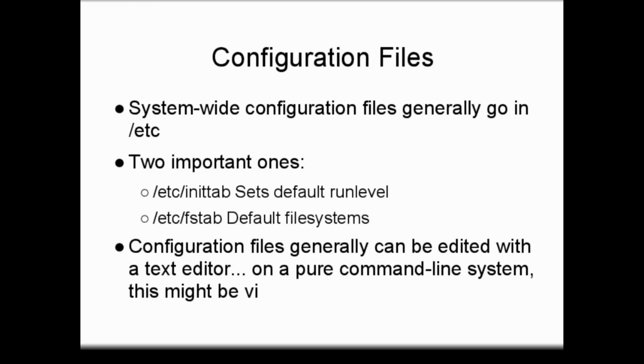Configuration files in general on Linux can be edited with a text editor. On a pure command line system, this might be the VI text editor. VI is the one text editor that is generally expected to be present on any Unix system.